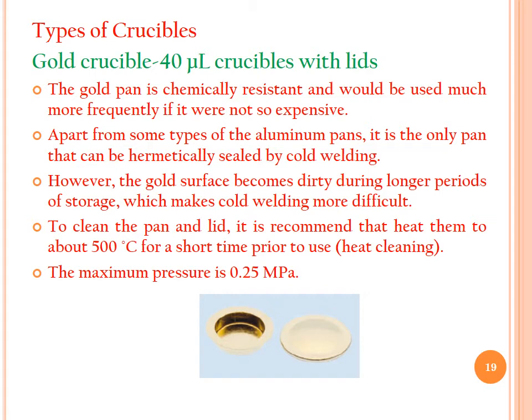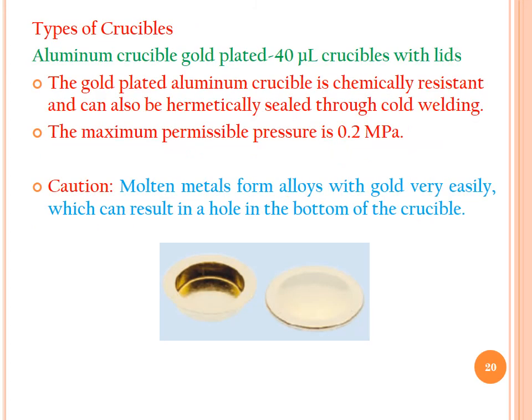To clean the pan and lid, it is recommended to heat them to about 500 degrees centigrade for a short time period before use. That is called the heat cleaning process. The maximum pressure used in this type of crucible is 0.25 MPa. Now another type of aluminium crucible is the one plated with gold.